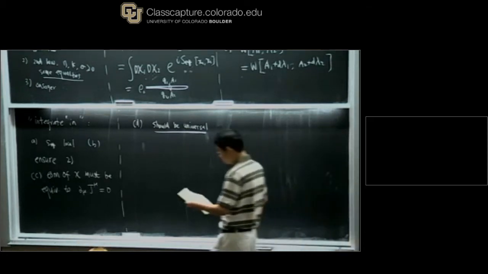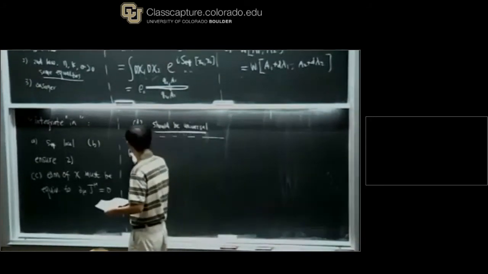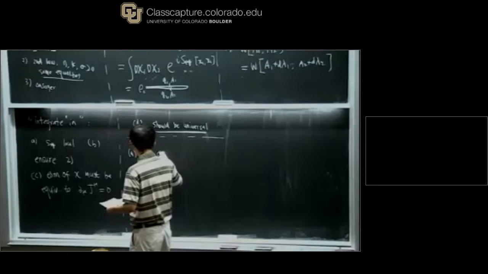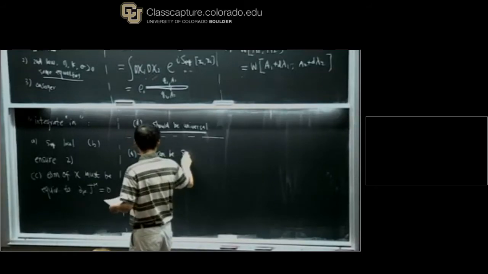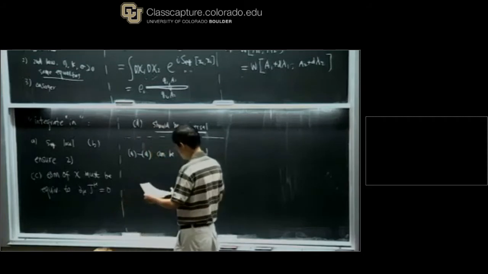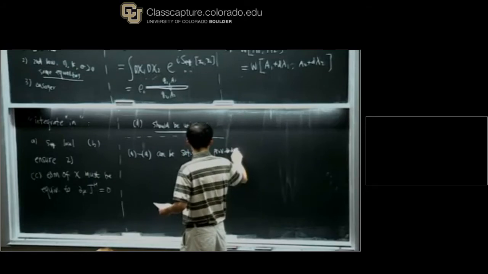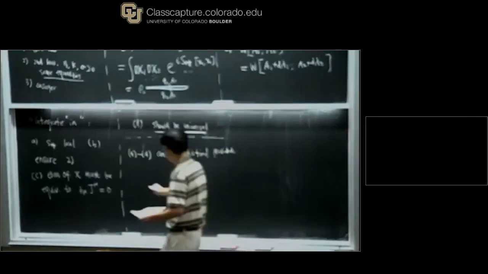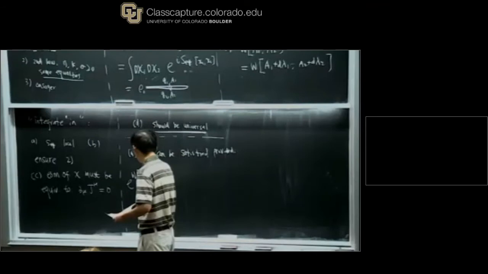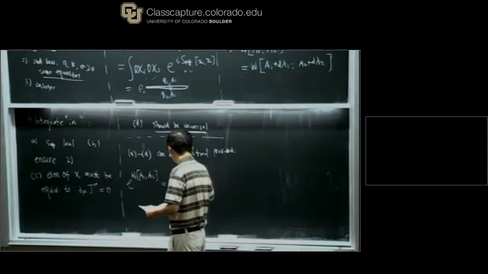So A to D can be satisfied provided we write the path integral like this. I postulate the existence of two scalar fields.